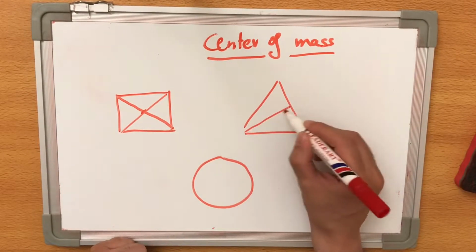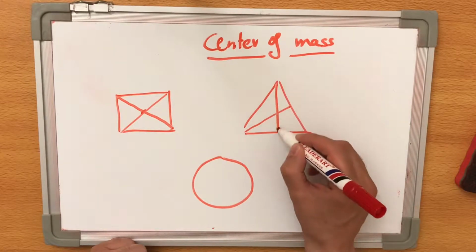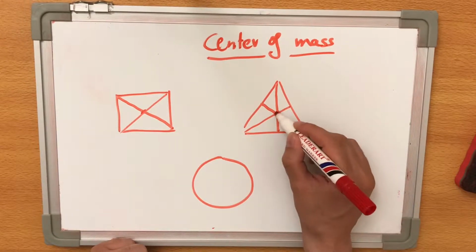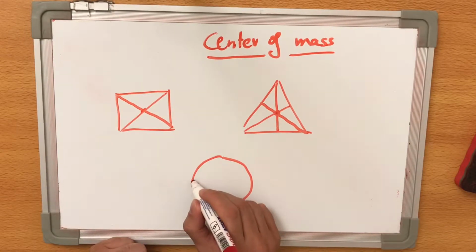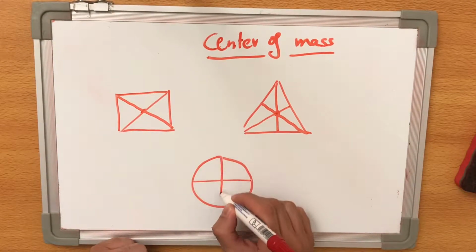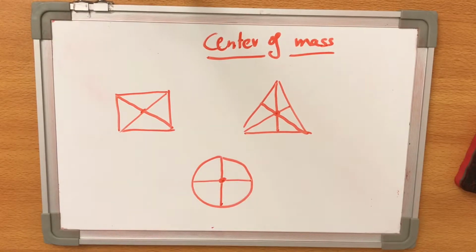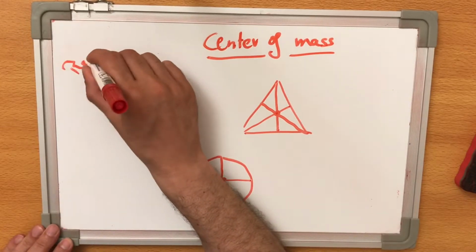The triangle, center of mass will be here, and the circle, center of mass will be here. This is the center of mass for a regular shape.